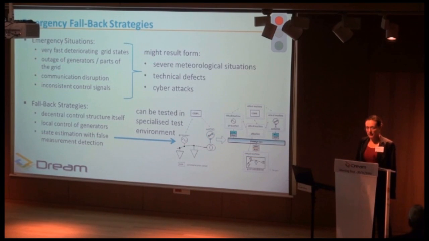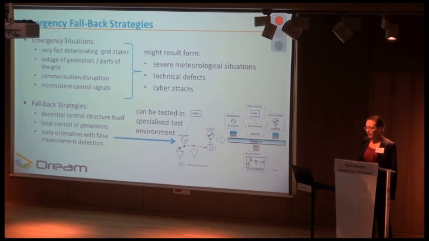Then we have the emergency situation, the red phase. The first question is, what are emergency situations for us? They are very fast deteriorating grid states. For example, very fast changes in frequency, outages of generators and/or outages of parts of the grid, or communication disruption, which is quite a severe consequence especially for our distributed system.